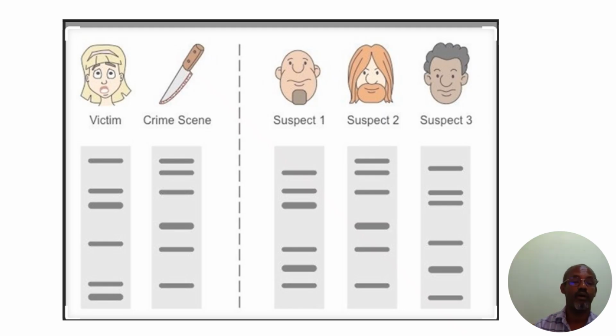For example, the first one, she is a victim who was killed by somebody. We don't know who that somebody is. Could be suspect one, suspect two, suspect three. And we have obtained a sample from the crime scene, the place where the crime was committed. We have obtained a knife there.